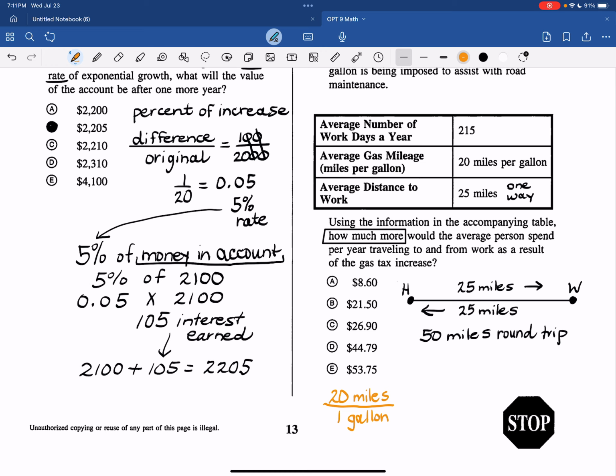And we know now that he or she has to drive 50 miles per trip. So let's figure out how many gallons it's going to take. That's 1 times 50, that's 50, divided by 20 is going to be 2.5 gallons. So every time he makes the trip, he's using 2.5 gallons of gas.